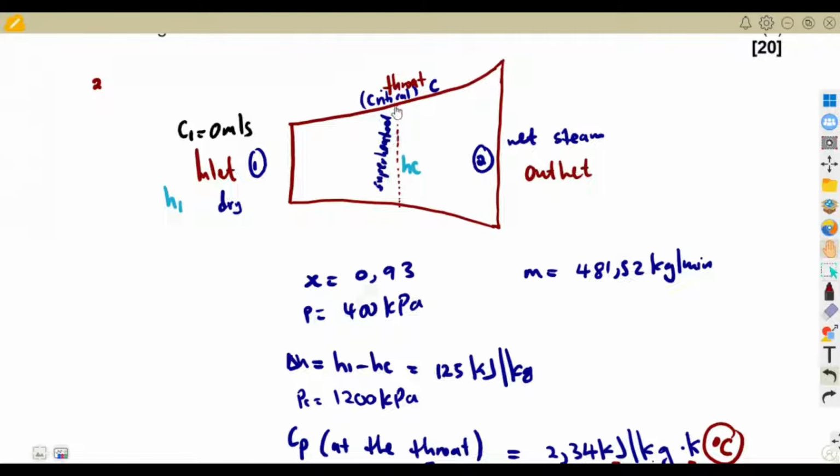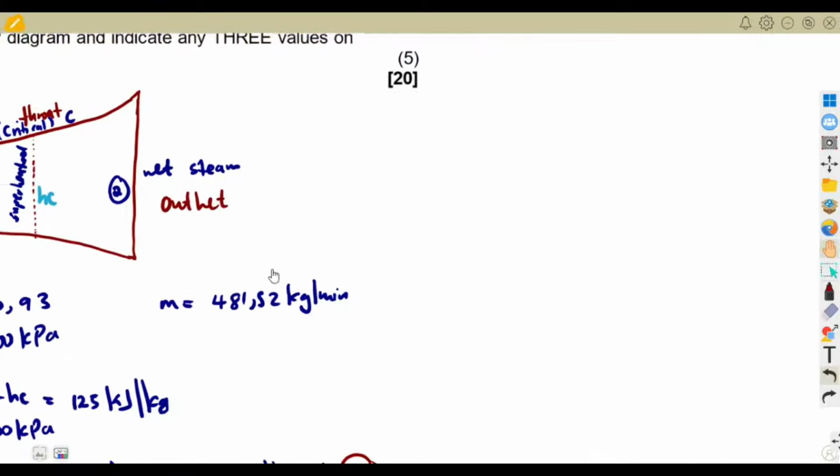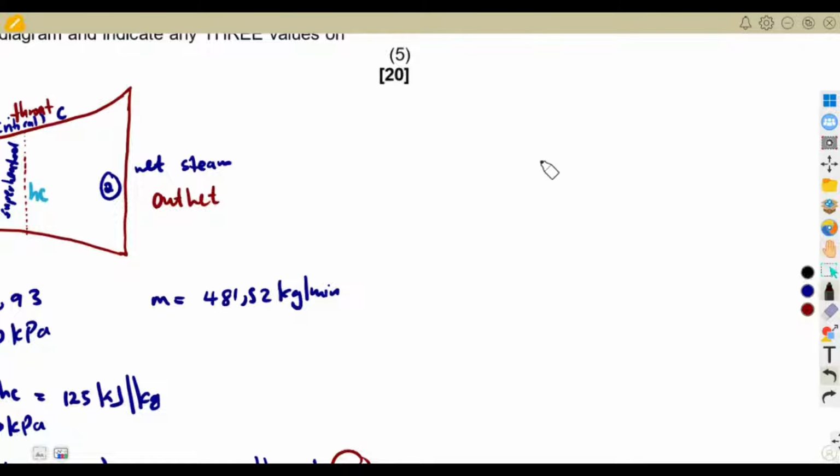So how do you calculate that HC? Our HC, the one that we want here, is for the superheated steam. So that's 2.1. You are supposed to calculate HC, which is the enthalpy, but like I said, it's for the superheated steam.